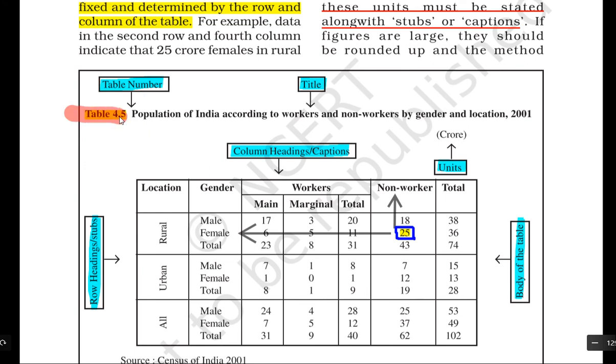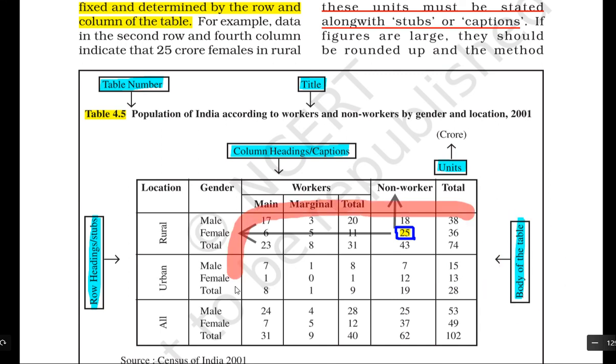First one is table number, second one is the title of the table, and the third one is column headings, which is called the caption. This is the column heading of the caption. Fourth one is row heading or stubs. These are the row headings or stubs. Fifth one is the unit, in which unit the data is presented. Sixth one is the body of the table.